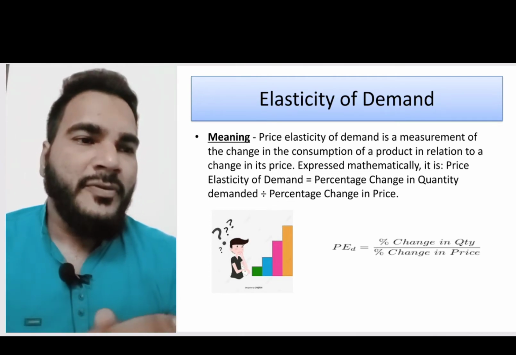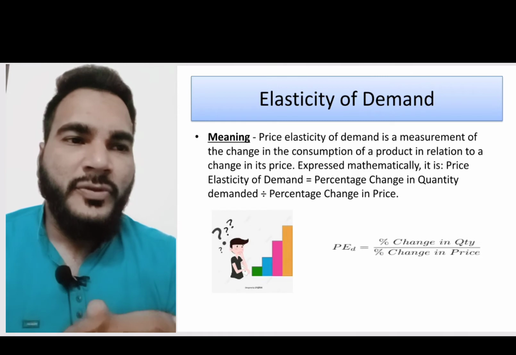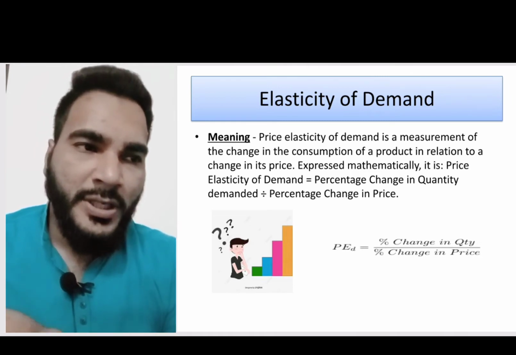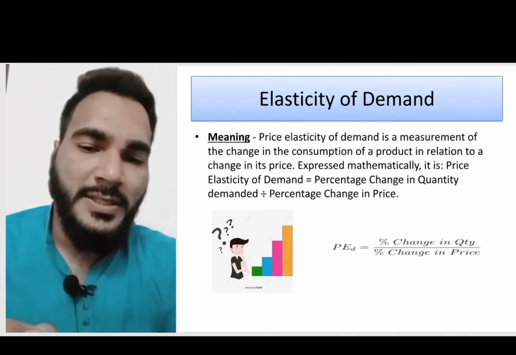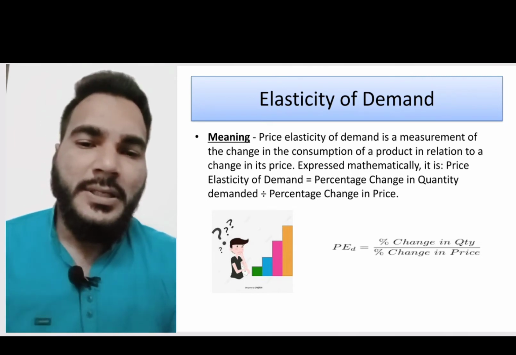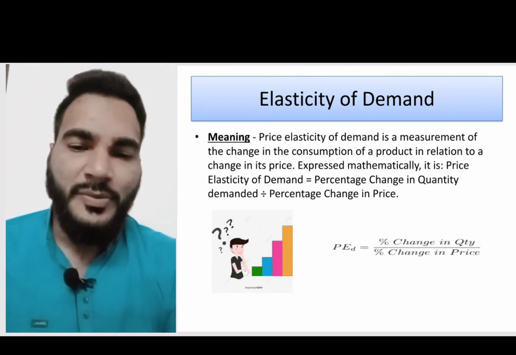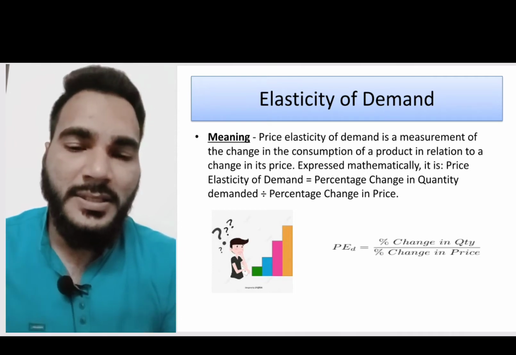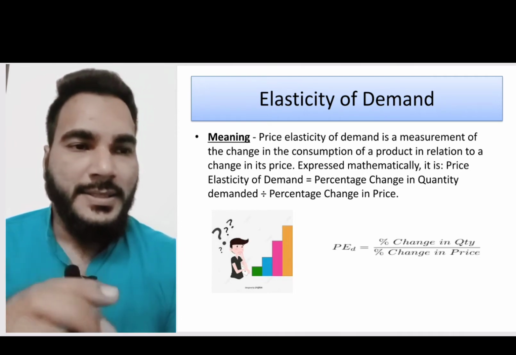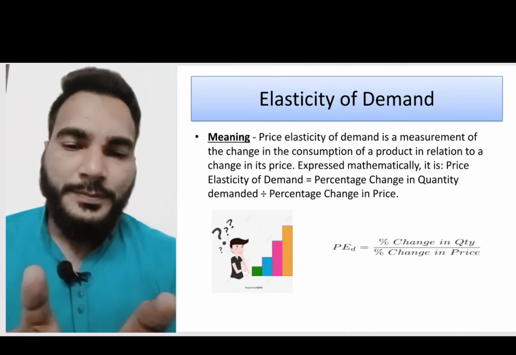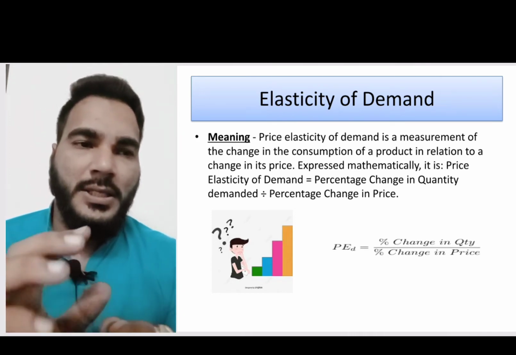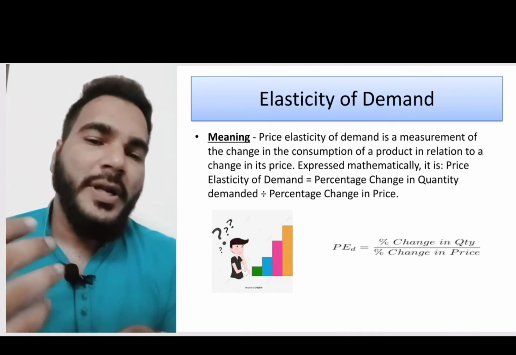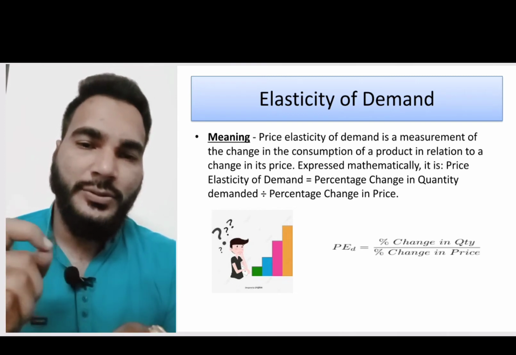Price elasticity of demand is a measurement of the change in consumption of a product in relation to change in its price. When we learned the law of demand in that chapter, we learned that when price increases, demand decreases. In the same way here, if the price of any product gets changed, how does it affect the product?